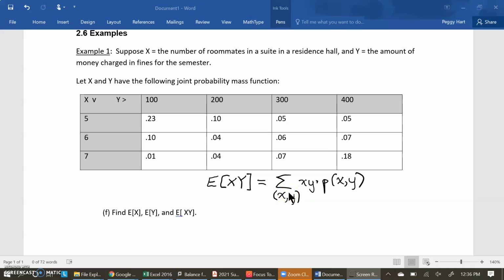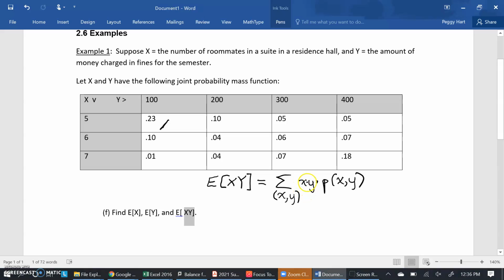This table gives all probabilities for all xy pairs. Like this 0.23 is the probability that you have 5 roommates and a $100 fine, and so on. Notice there are 12 different xy pairs.